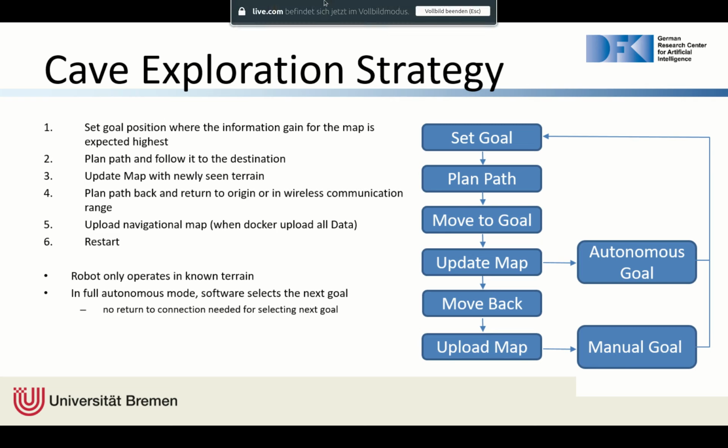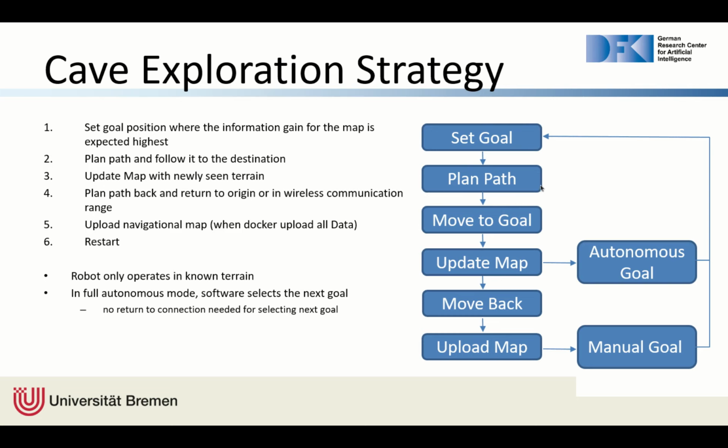After detaching the base station, the cave exploration strategy is as follows, as depicted here. So first of all, when we are not having remote control, a goal is set where the robot should move to based on the maps we have from the robot. The robot then plans a path to reach that goal.